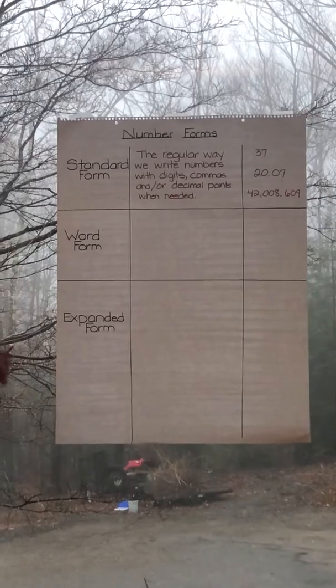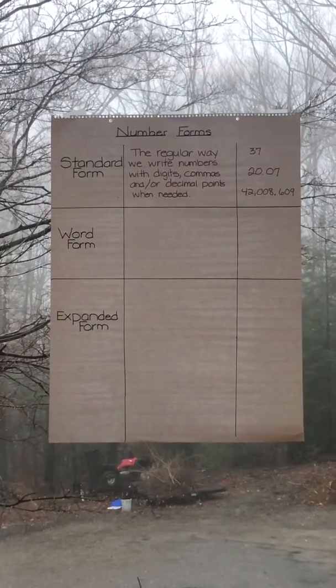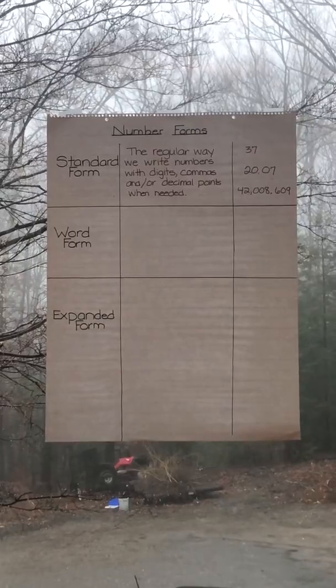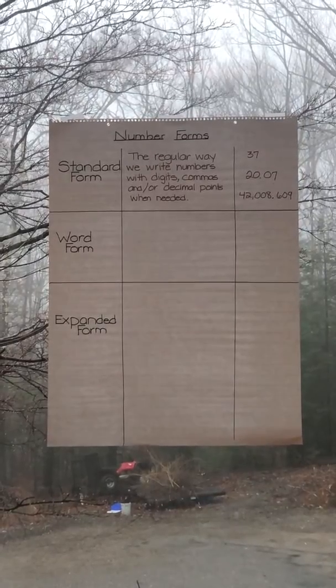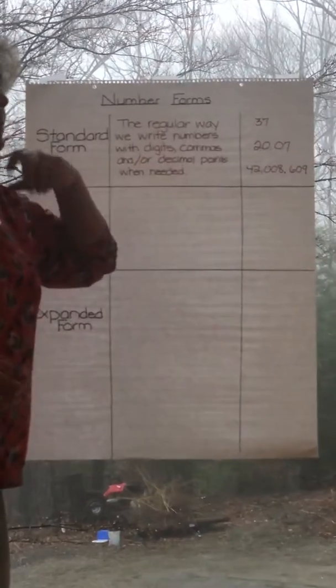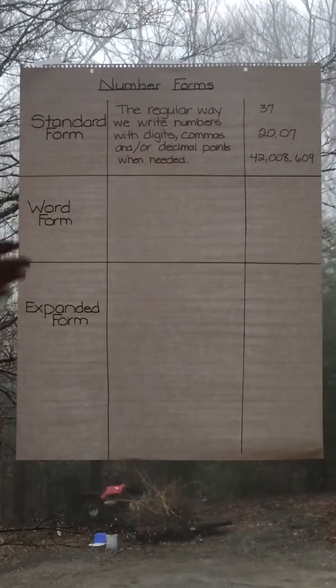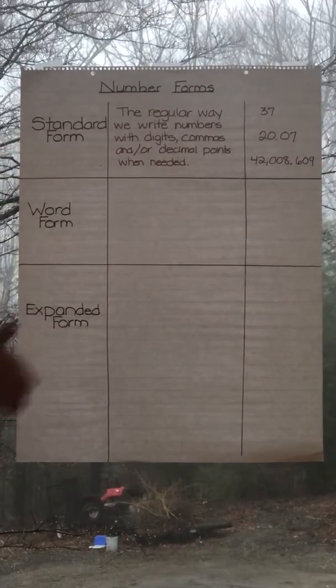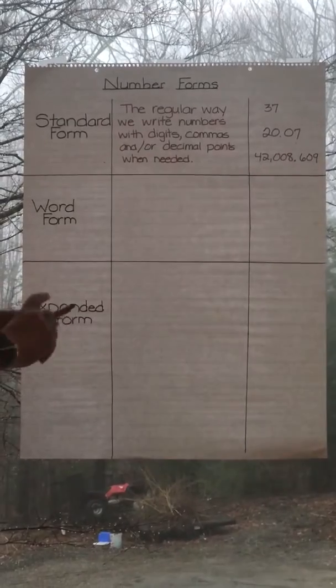Word form is when we write numbers in words exactly how we say them. And I'm just going to add when we say them correctly, because 20.7 would not be the word form of that number. So when we say numbers correctly, we write it in words exactly how we say it.